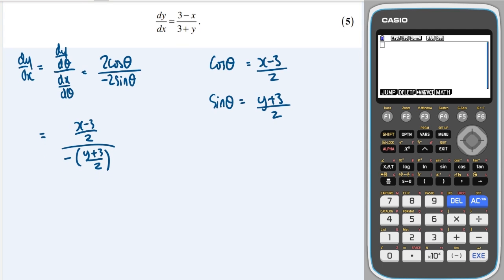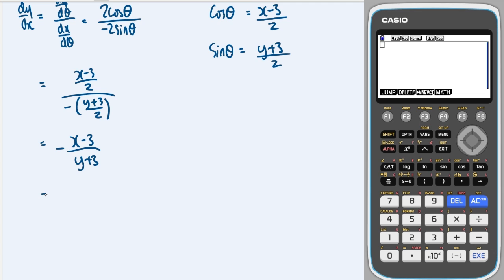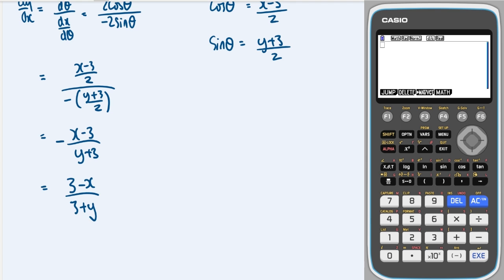Okay, the 2's will cancel, so I get x minus 3 over y plus 3, and I can take the negative just outside, and I can apply it to the numerator rather than the denominator, which will give me 3 minus x on top and 3 plus y on bottom. Brilliant.